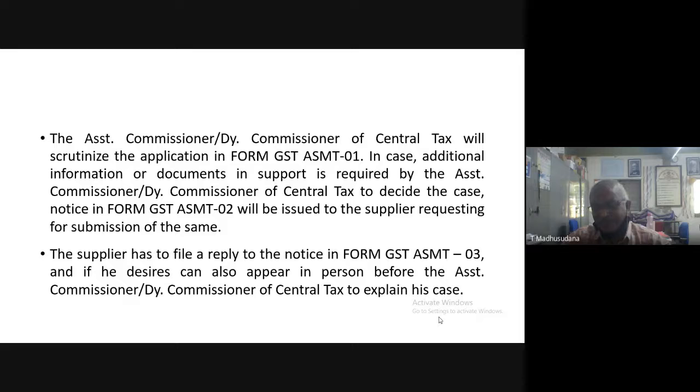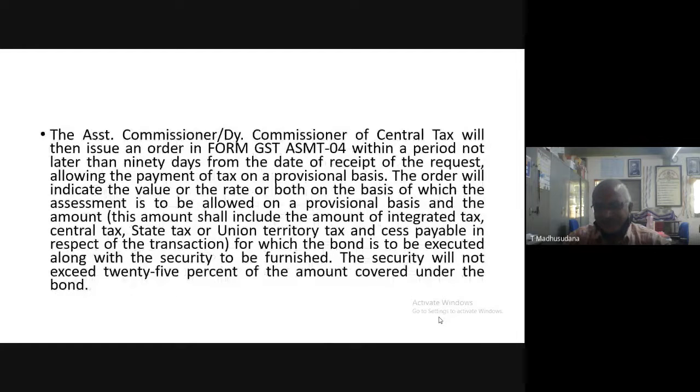So what is the case, sir? This is my case. Here this is the problem. I could not decide my tax liability. Like that, he can personally explain to the GST officers, so that they will decide the tax liability.